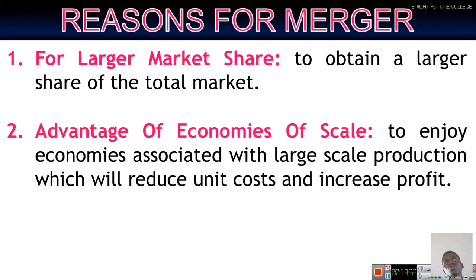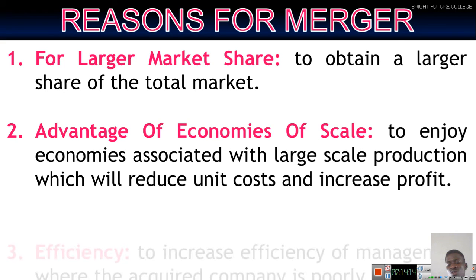One pin can cost you 10 naira, for example, but if you produce in bulk, let's say 1,000 pins, and calculate the unit cost of one pin, you may end up seeing 9 naira or 8 naira. So this is what companies enjoy when there is a merger or amalgamation. There will be advantage of economies of scale.